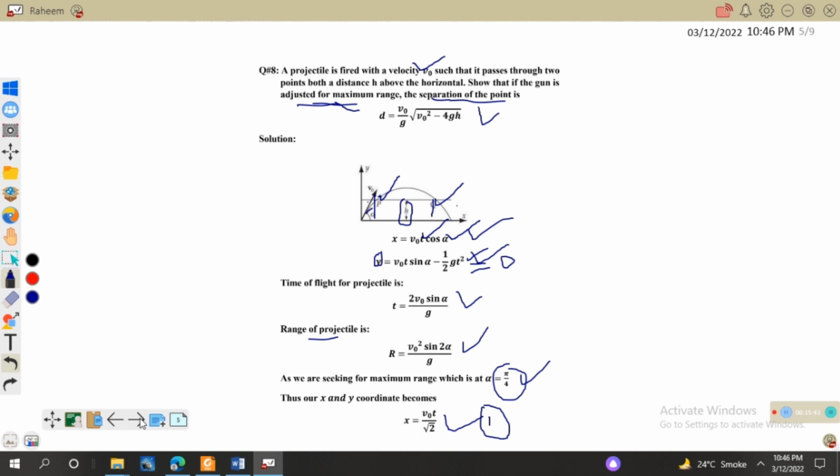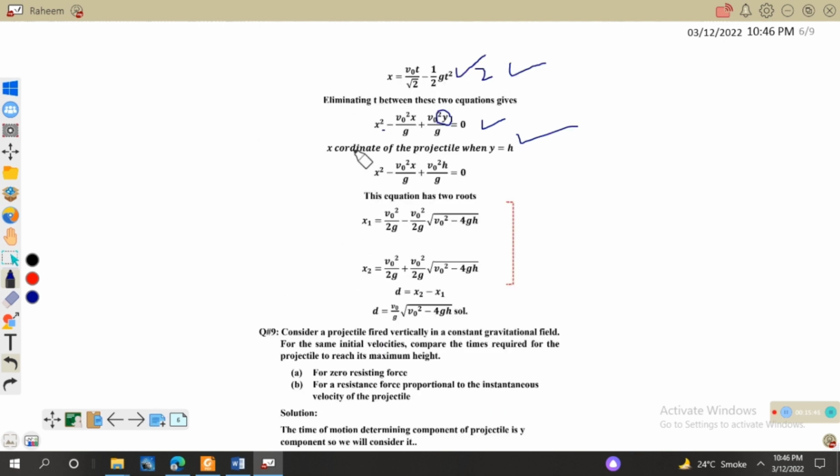This equation will give us two roots, the first root represented by x1 and the second root represented by x2. If we take the difference between these two roots, x2 minus x1, this is our required expression.